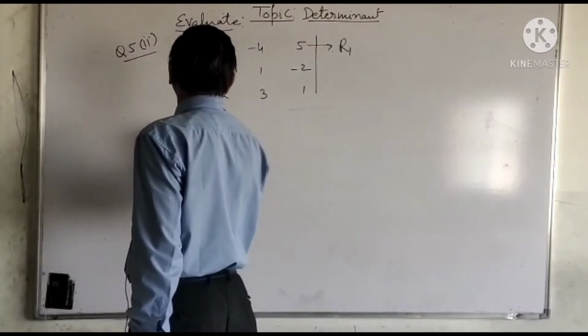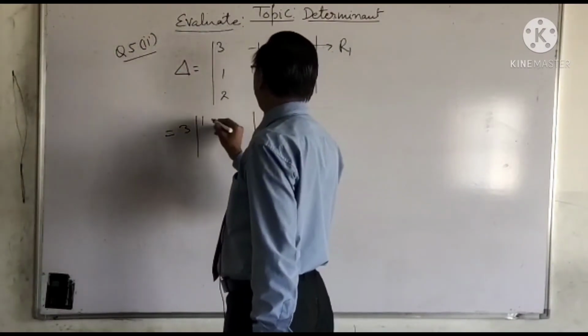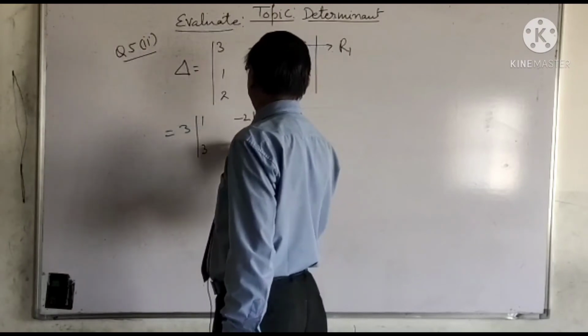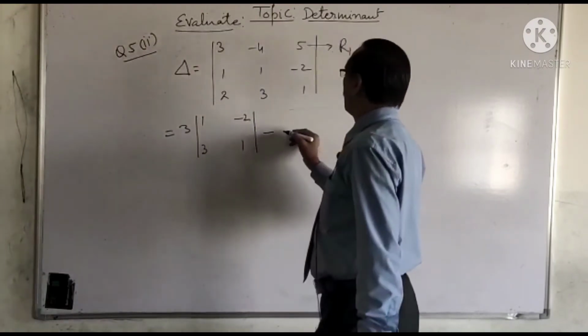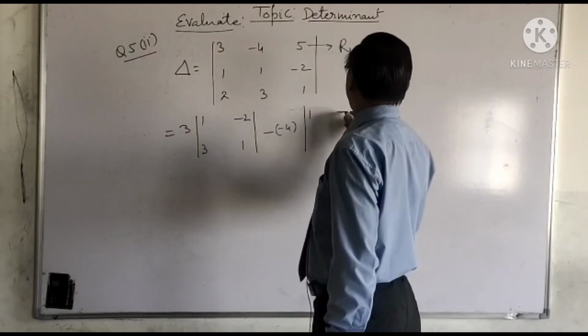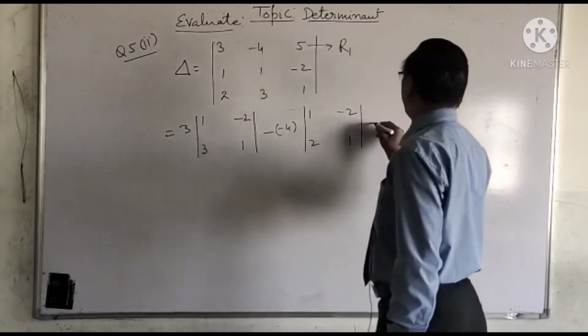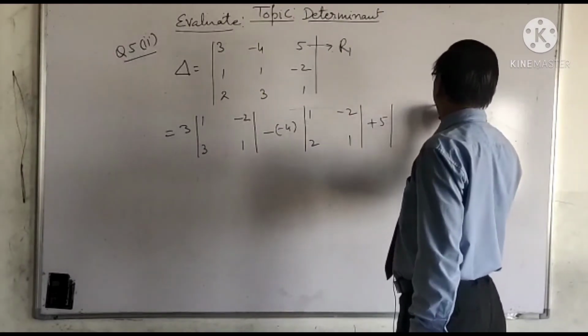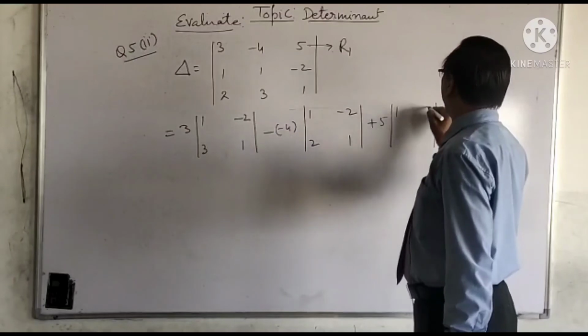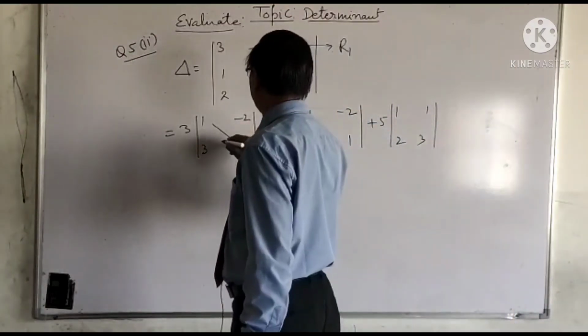We will write 3, then the determinant 1, minus 2, 3, 1, minus 4, then 1, minus 2, 2, 1, plus 5, then 1, 1, 2, 3. Then expand.